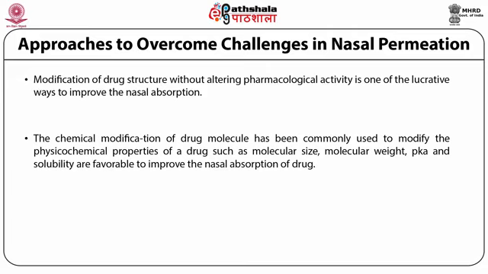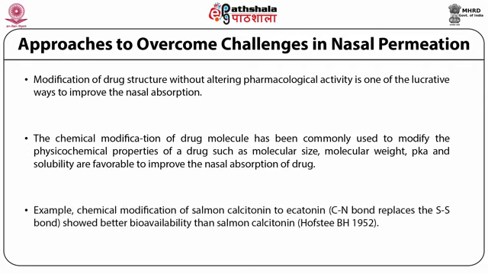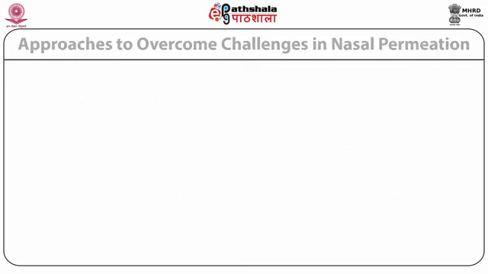These are favorable to improve the nasal absorption of the drug. For example, chemical modification of salmon calcitonin to elcatonin showed better bioavailability than salmon calcitonin. This is because the C-N bond in salmon calcitonin has been replaced by the S-S bond to produce elcatonin.